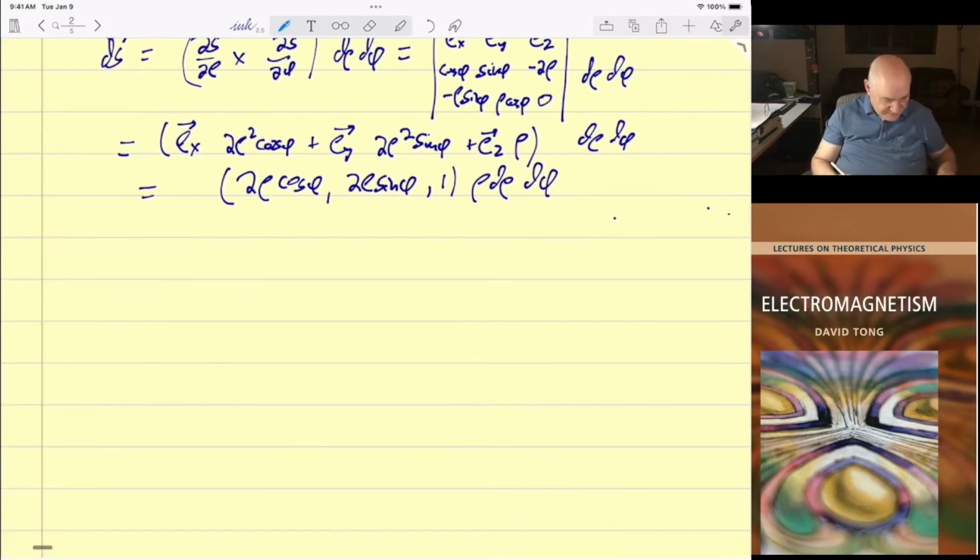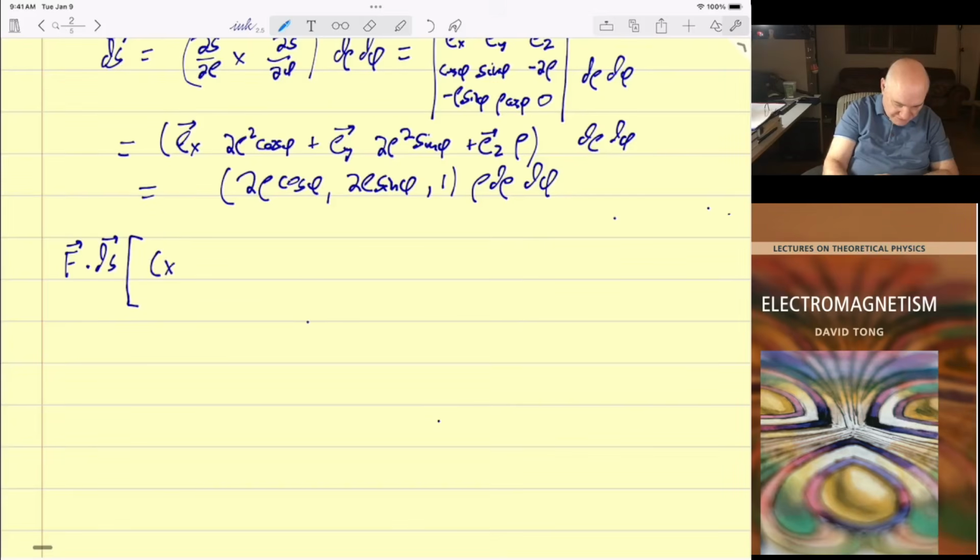So now that I have that vector, it's very easy for me to do F dot ds. Although it's not that easy in an expression, and I'm mixing notation here, but you know how each of these things is defined.